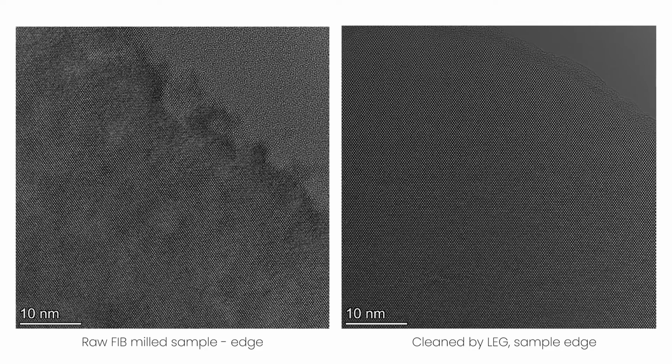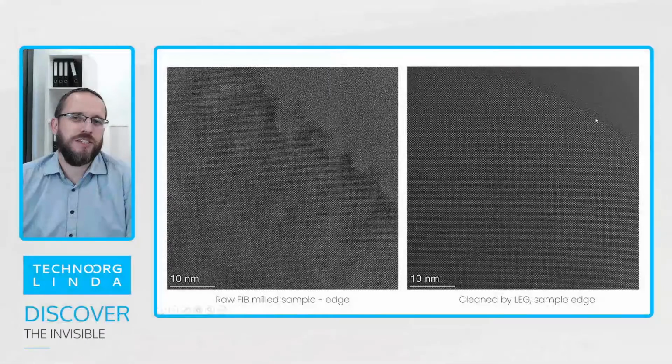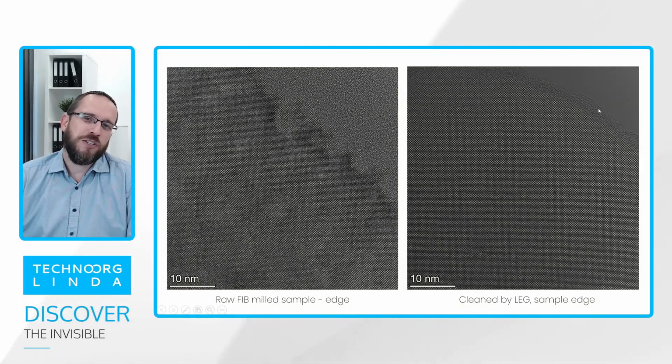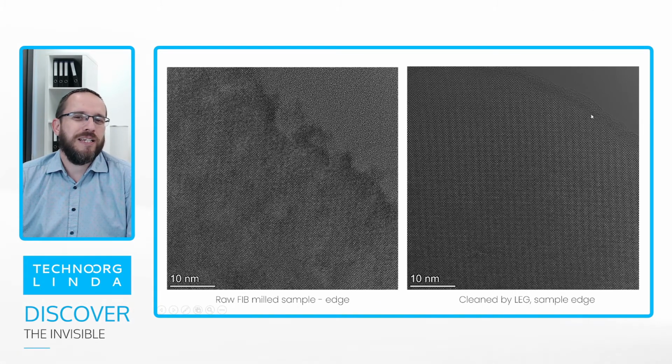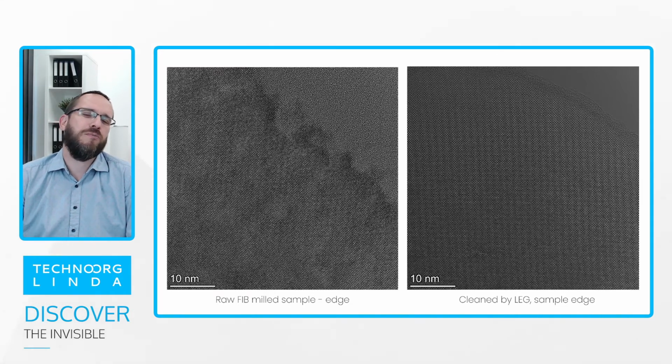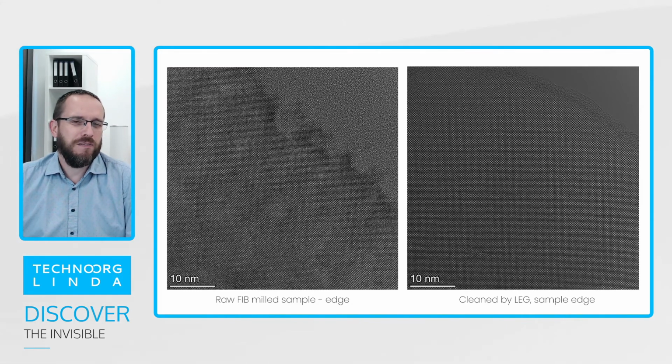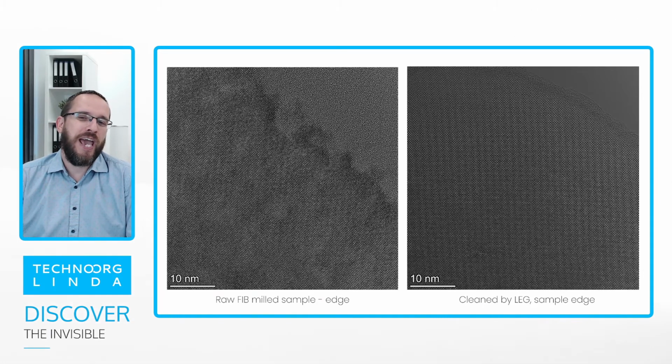I should also mention that the small amorphous part is not because we didn't clean the sample completely. As we clean the sample, it will be completely clean, but when we remove it from the ion mill, it encounters atmospheric air while we are transporting it to the transmission electron microscope, and silicon will form a native oxide on its surface, which will be about 2 nanometers in thickness.